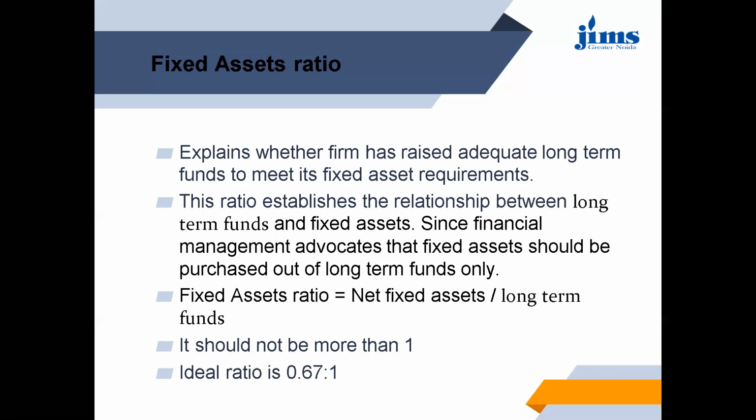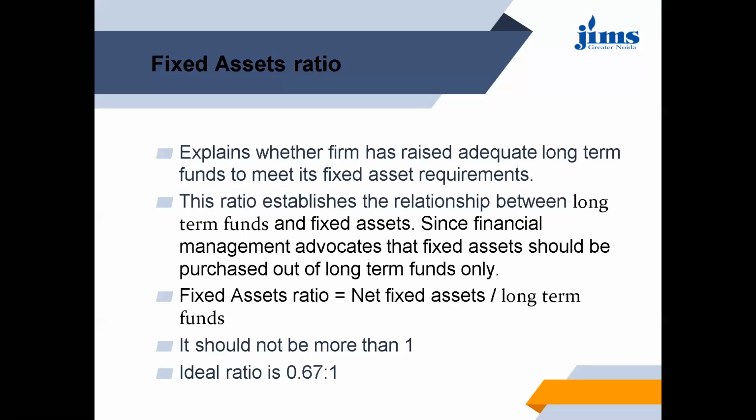Now, since financial management advocates that fixed assets should be purchased out of long-term funds only, the formula for calculating fixed asset ratio is net fixed assets of the firm divided by long-term funds. Now, the ideal ratio is 0.67 to 1.